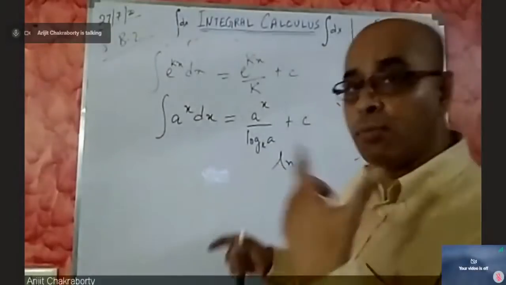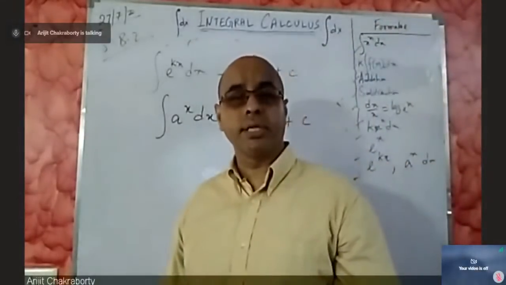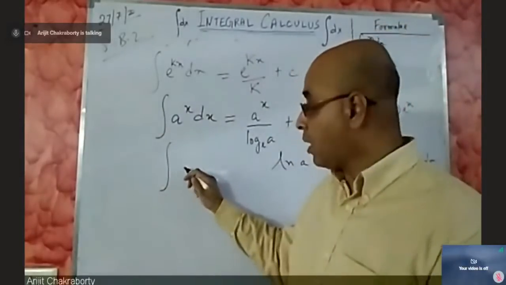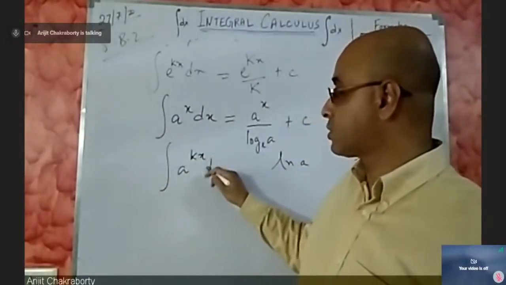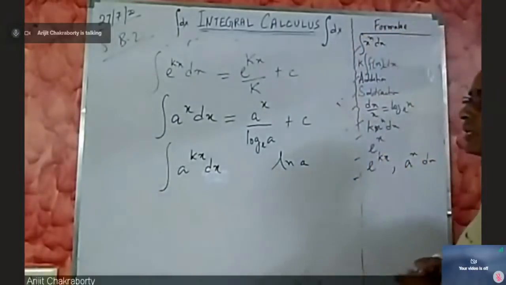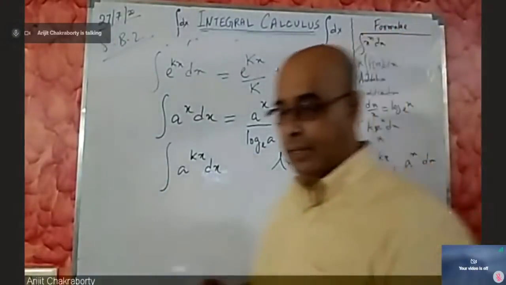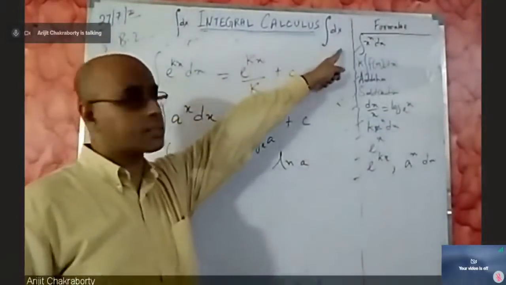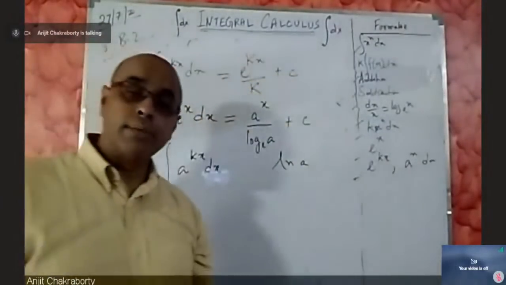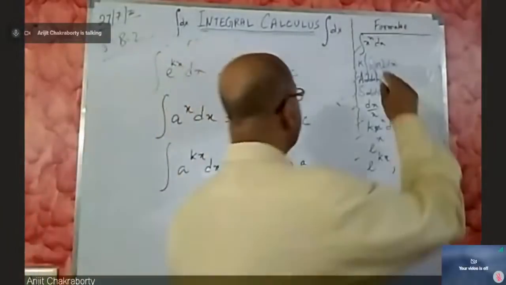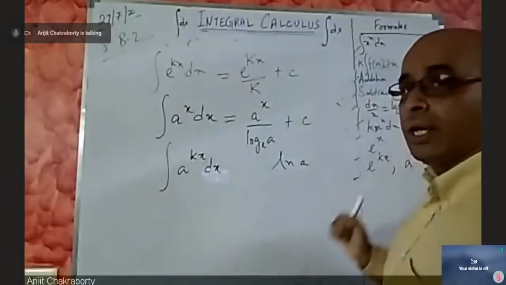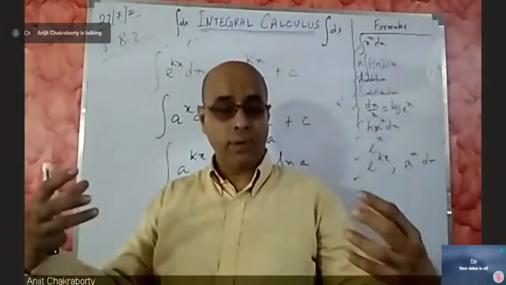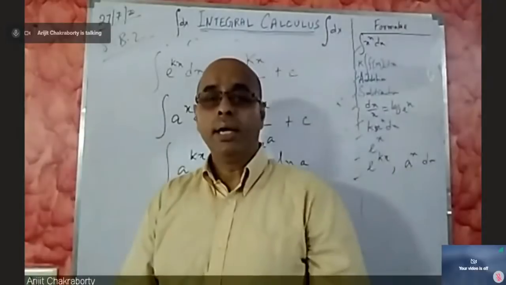Now we add one more complexity to this: the formula for a to the power kx dx. So we started with the power function x to the power n dx. Then we did the constant multiplier function, k into f(x) dx. Then we completed the addition of two functions.